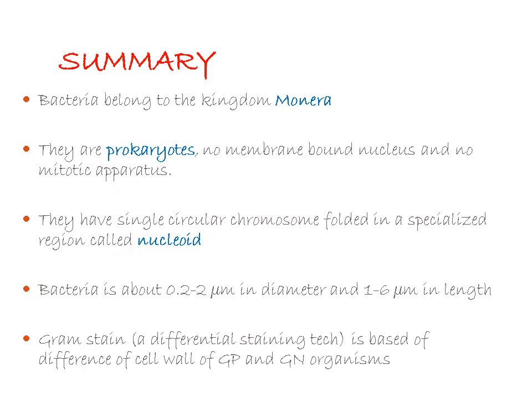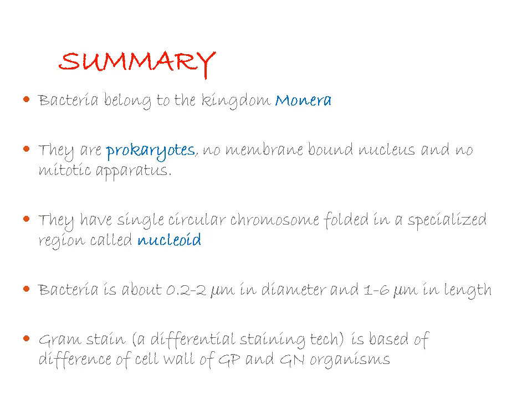Now coming to the summary of concepts we have covered so far, bacteria belong to the kingdom Monera. They are prokaryotes and hence they have no membrane bound nucleus and no mitotic apparatus. We have seen that they have a single circular chromosome and this chromosome is folded in a specialized region which is called nucleoid.